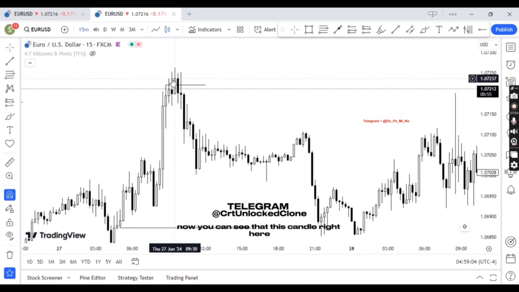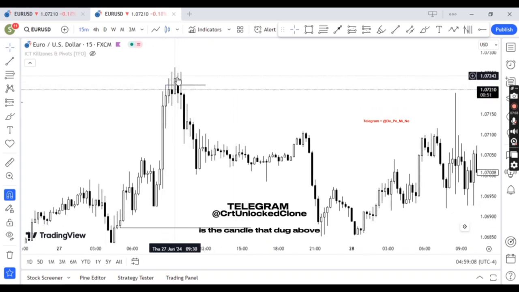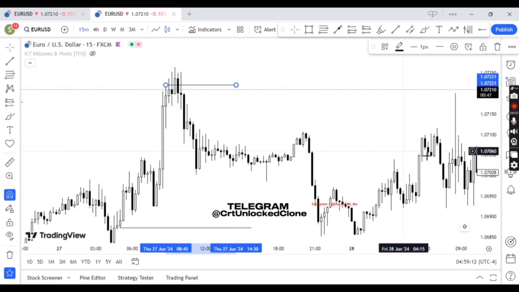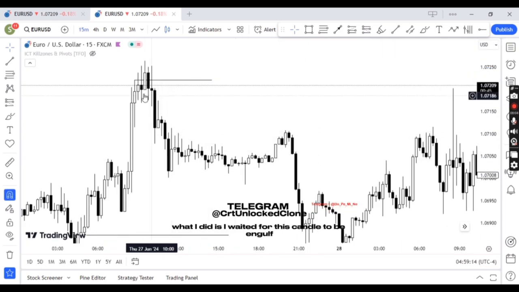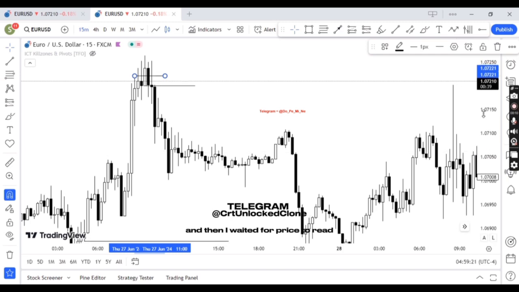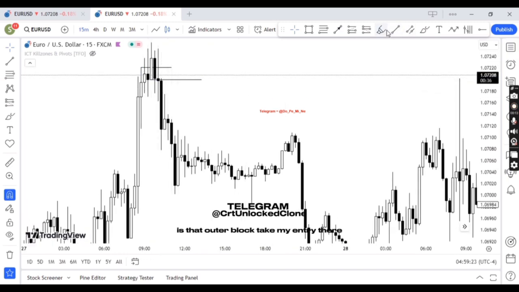So now you can see that this candle right here is the candle that dug above this high and closed back inside of it. Now what I did is I waited for this candle to be engulfed, meaning I waited for price to close below this candle, and then I waited for price to retest that order block and took my entry there.